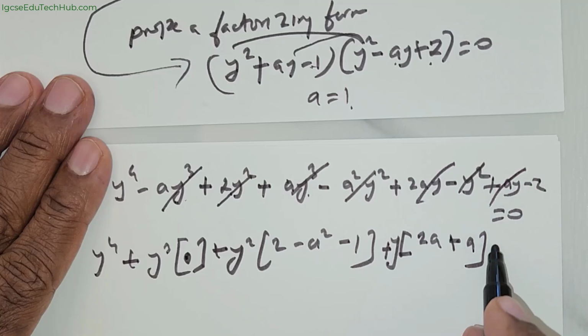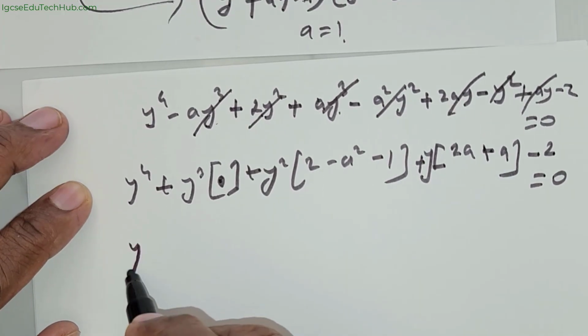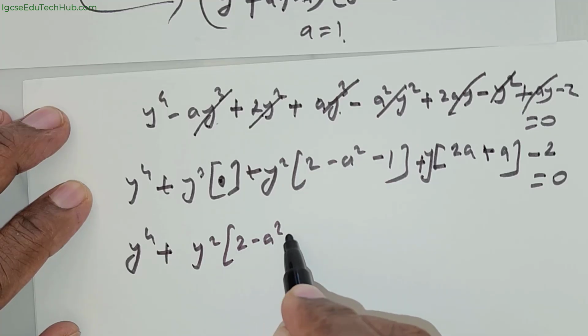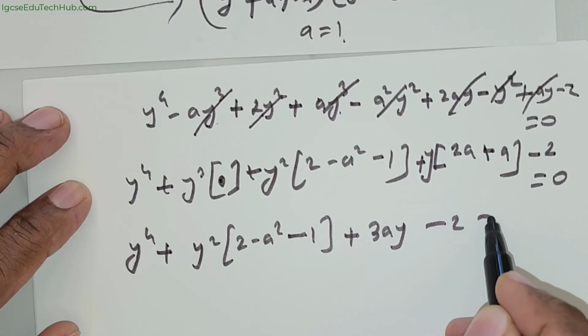This is gone, followed by minus 2. I hope you're watching. It is equal to 0. Okay, so we have y to the power of 4 plus y squared times 2 minus a squared minus 1, plus 3a times y minus 2 is equal to 0.